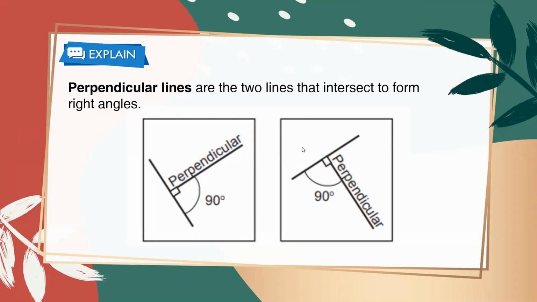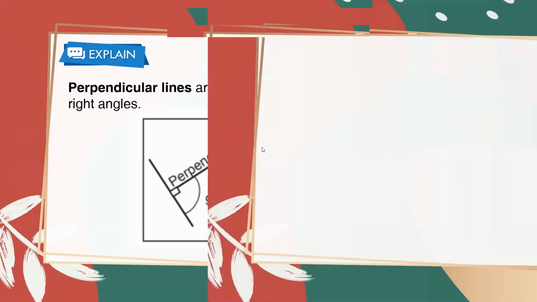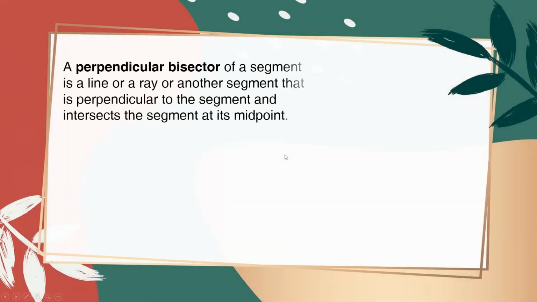Another, we have a perpendicular bisector. A perpendicular bisector of a segment is a line or a ray or another segment that is perpendicular to the segment and intersects the segment at its midpoint.